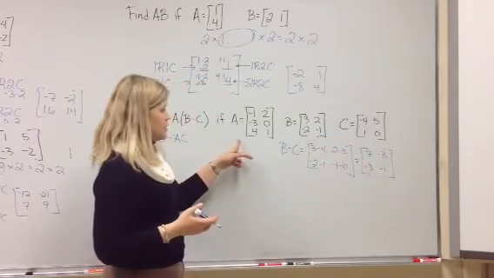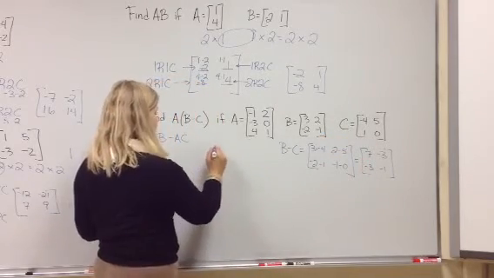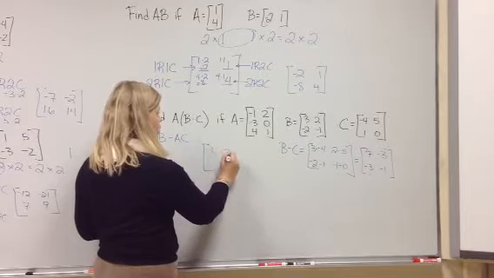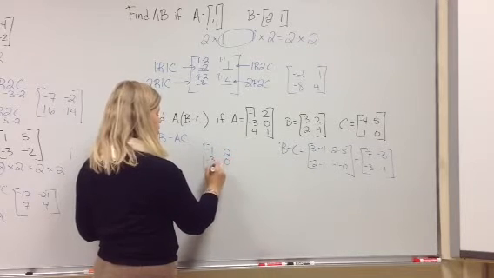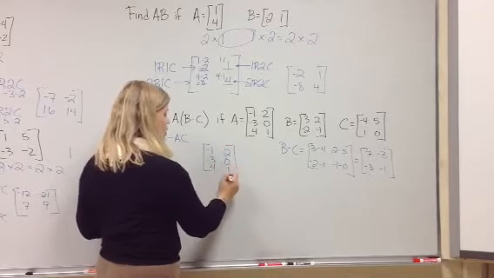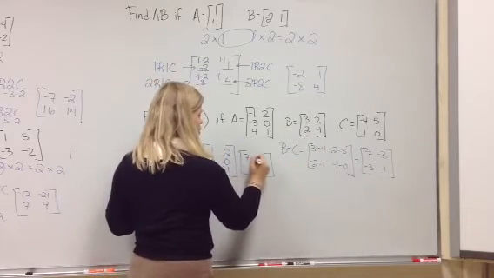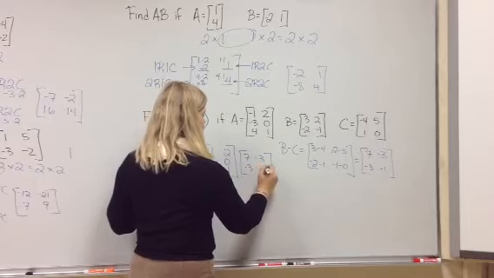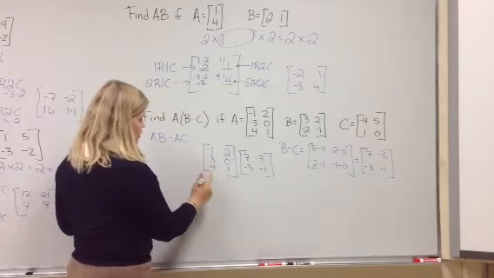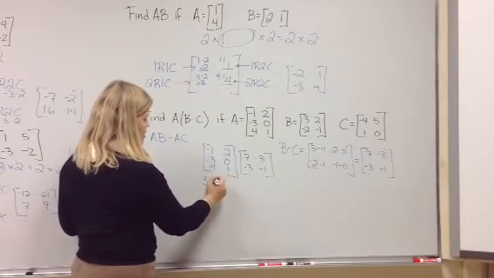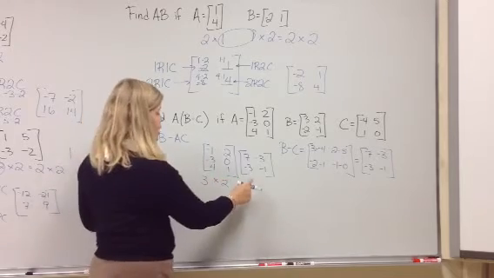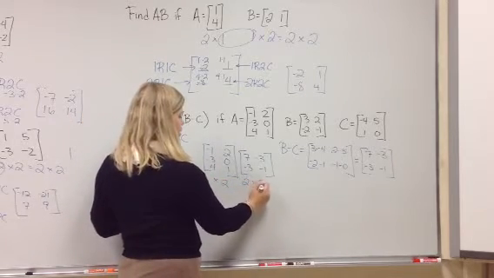So now what we need to do is multiply A, which is negative 1, 2, negative 3, 0, and 4, 1. And we're going to see if we can multiply it by this thing, which is a 2 by 2. So let's check. How many rows are there? 3. How many columns? 2. How many rows? 2. How many columns? 2.